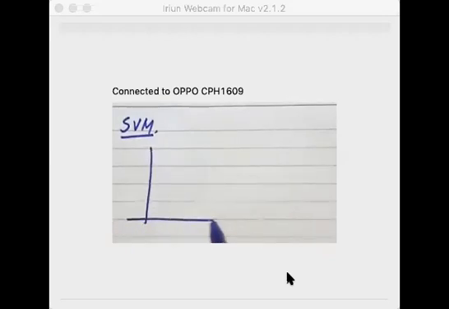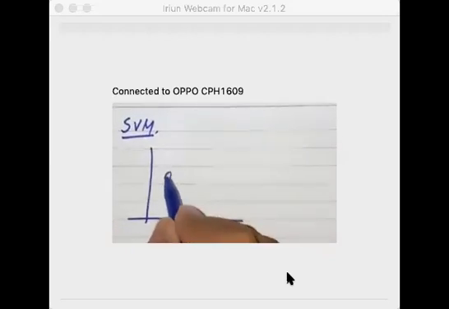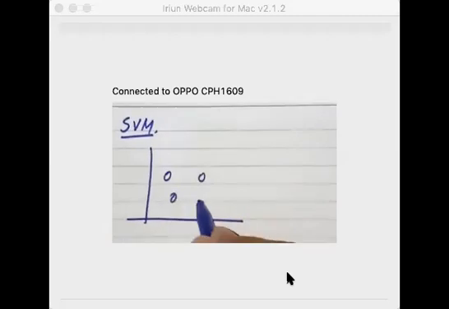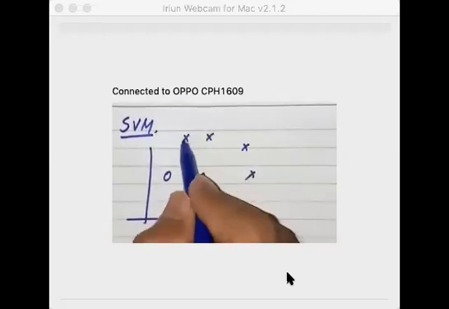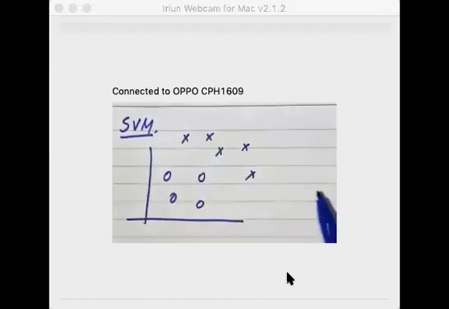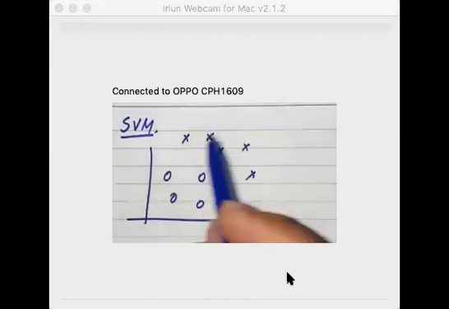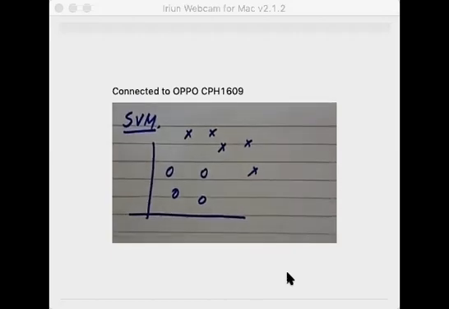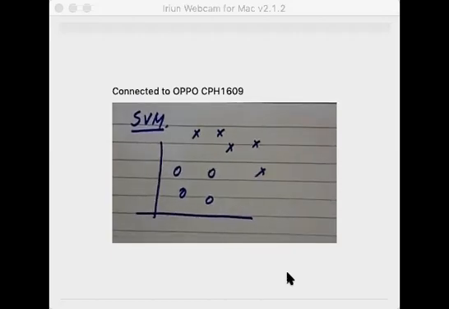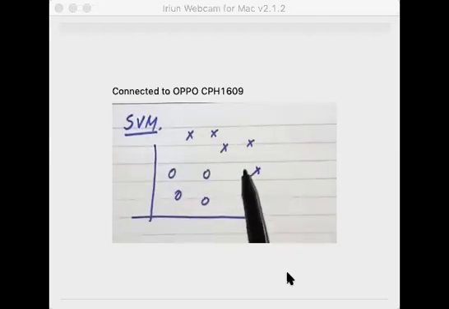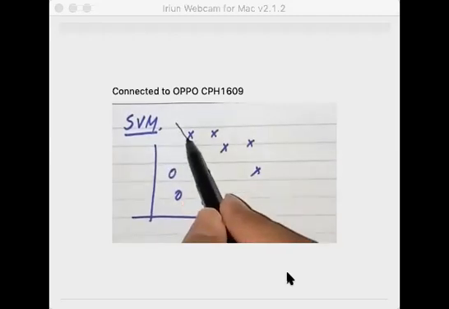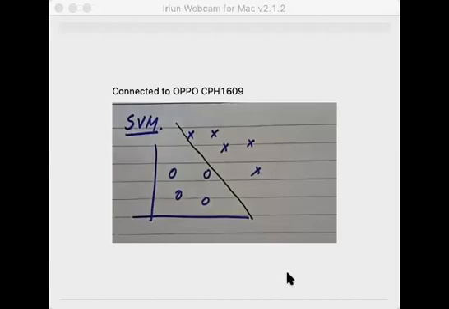Okay, so what happens here is that, let's say I've got these two classes. I'll just simply touch upon the concept here. So these are the two classes that you have got. I can separate out these two classes by drawing multiple decision boundaries here, and you know by now that perceptrons and neural networks generate these decision boundaries. So I can have a decision boundary of this form that separates out these two classes.